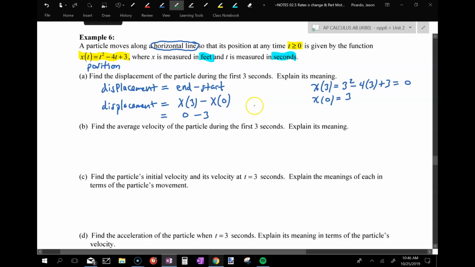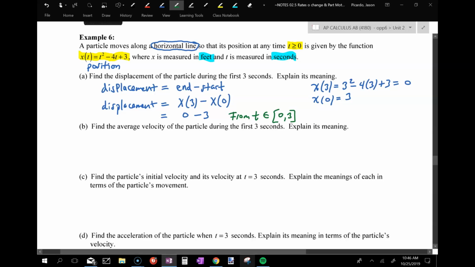So what I would say is, from t being an element of 0 to 1, oh, I'm sorry, not 0 to 1, 0 to 3, right?